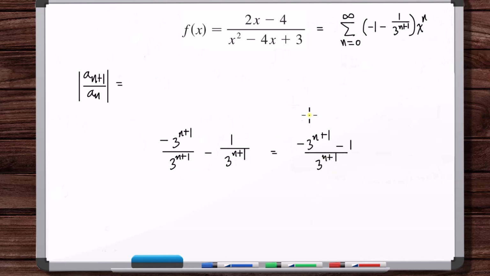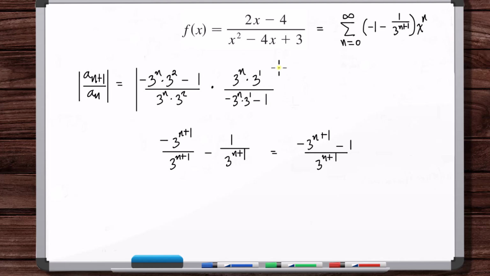I don't think it helps that much, but okay. N plus 1, that's n plus 2. So you've got minus 3 to the n times 3 squared minus 1 over 3 to the n times 3 squared. And now we flip it and we get 3 to the n times 3 to the first over minus 3 to the n times 3 to the first minus 1.